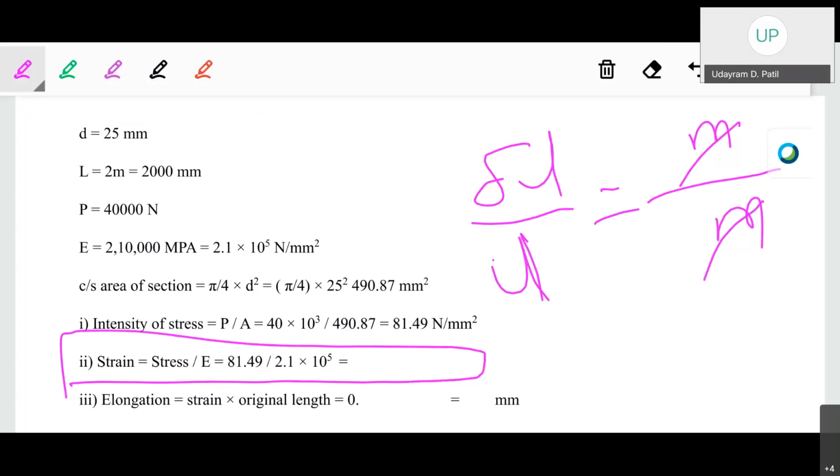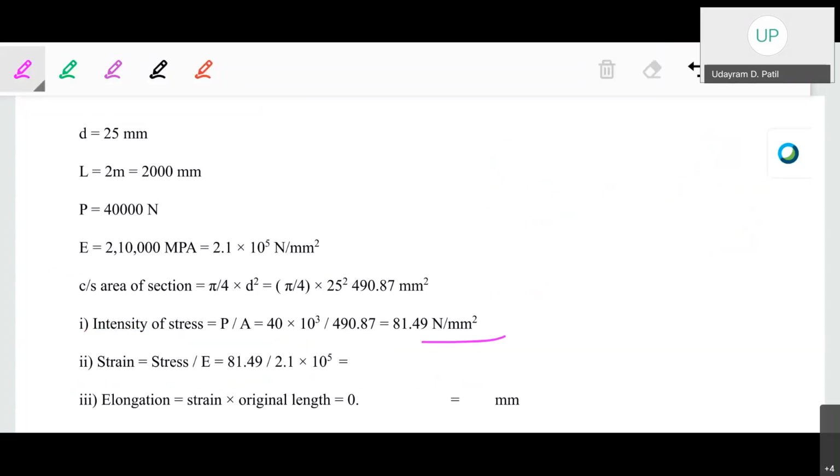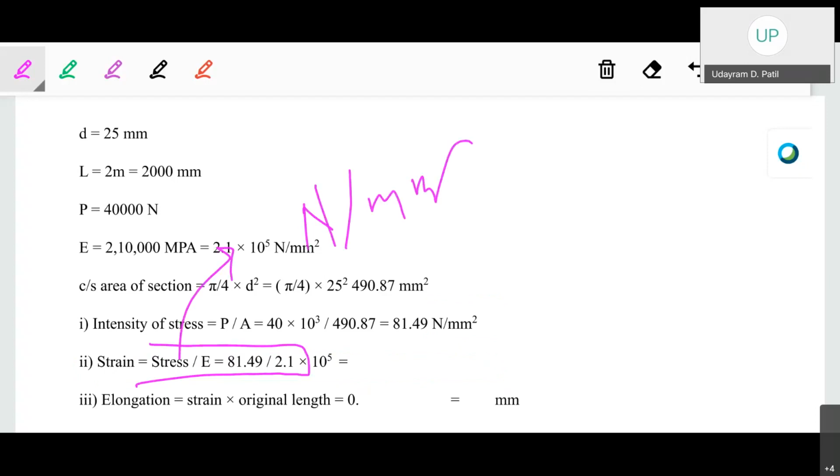Okay, give the unit for each quantity. For the stress, the unit will be Newton per mm square, or Newton per meter square, or kilonewton per mm square. Whereas for the strain there will be no unit. For the stress the unit is Newton per mm square, and similarly for E, the Young's modulus, the unit is also Newton per mm square.